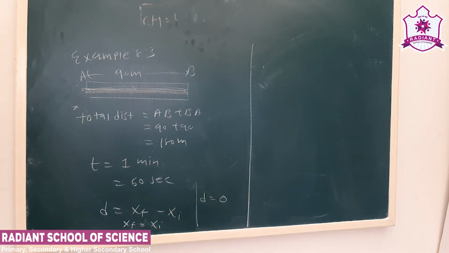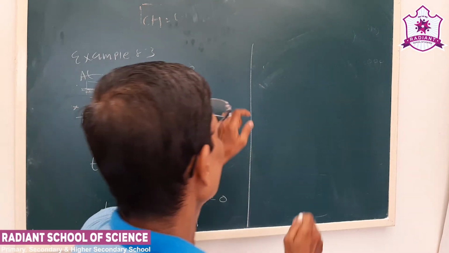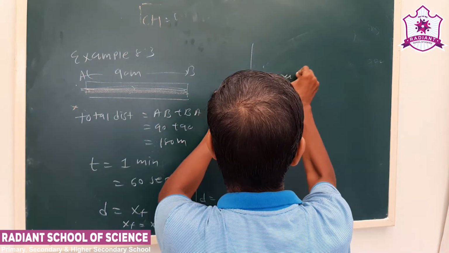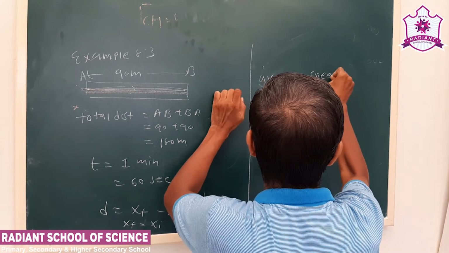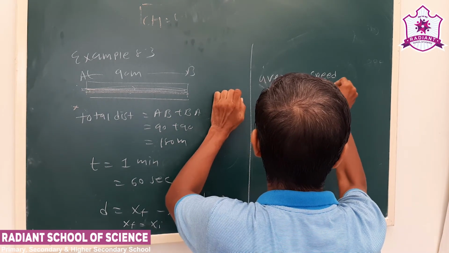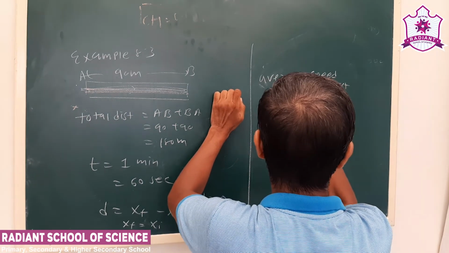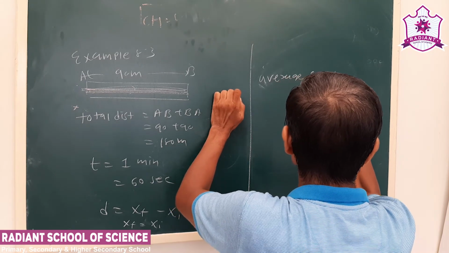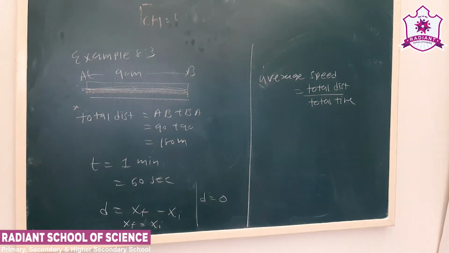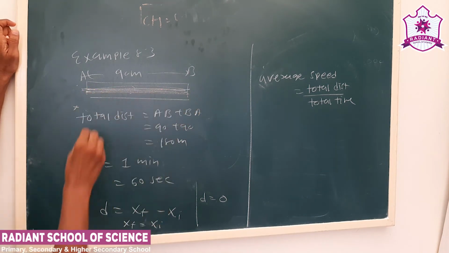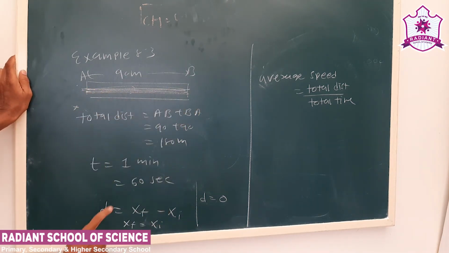So displacement is 0. Now what do we have to calculate? Average speed and velocity. Average speed is total distance upon total time. Remember, 1 minute is given, from A to B and finally coming back to A, that time is 60 seconds.